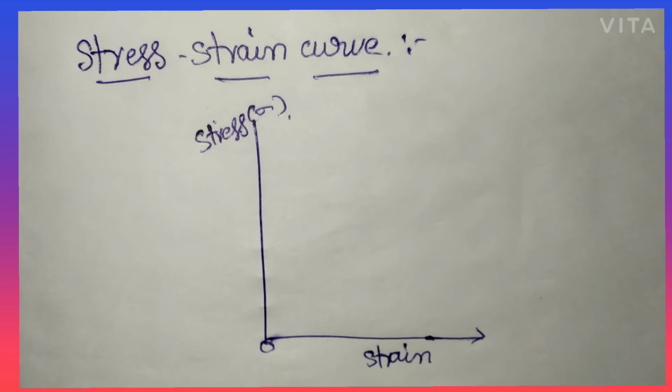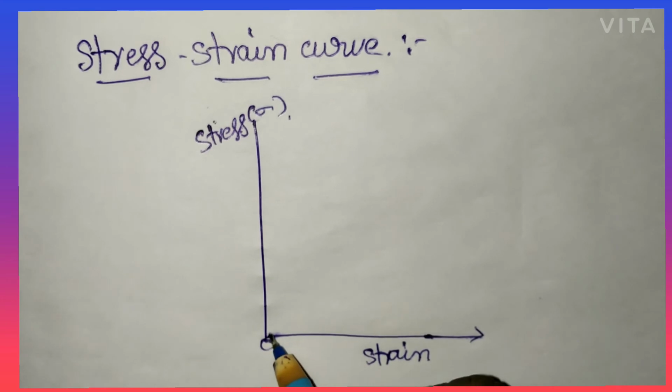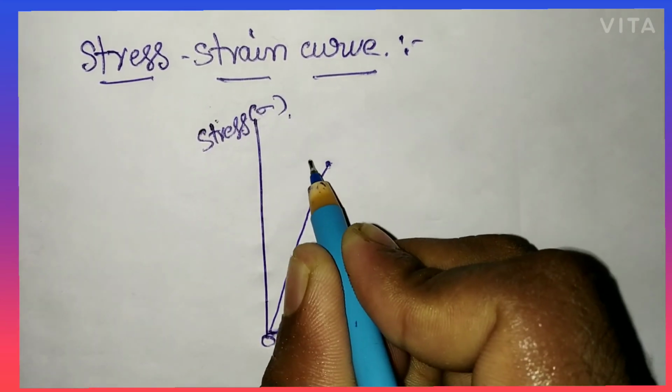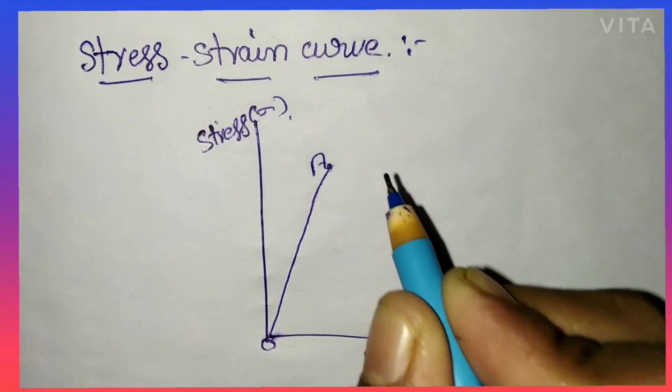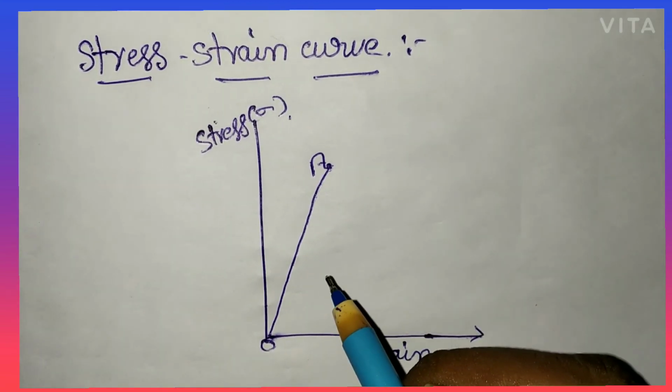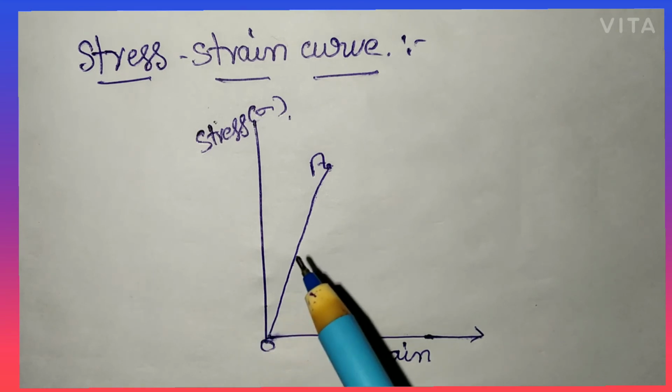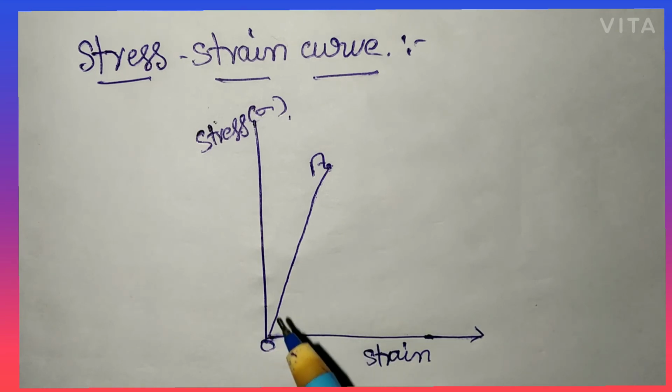From the graph, you can see that in the region between 0 to A, the curve is linear. In this region, Hooke's law is obeyed. The body regains its original dimensions when the applied force is removed.